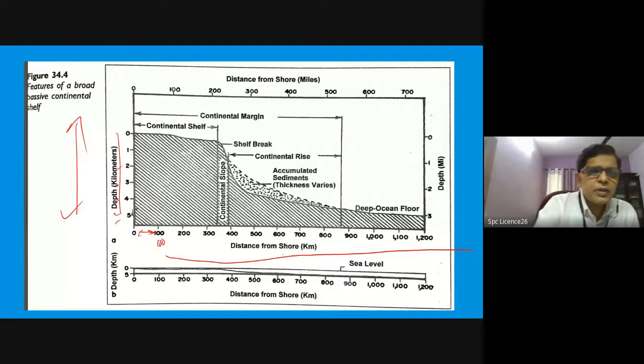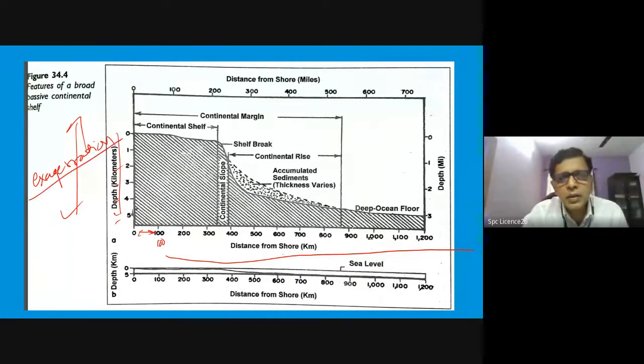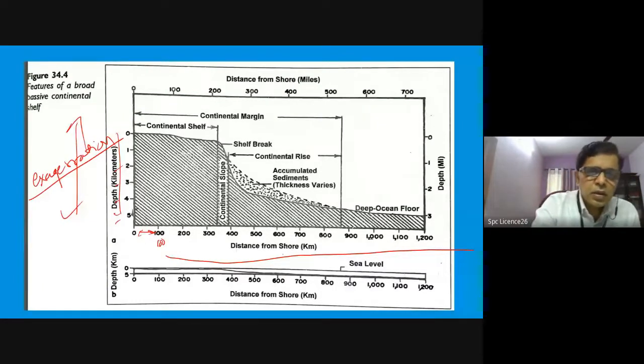We teach this as a part of map reading and map scaling in geography. This is called exaggeration: how exaggerated the profile looks as far as scaling is concerned. This exaggeration is nearly 50 to 100 times.